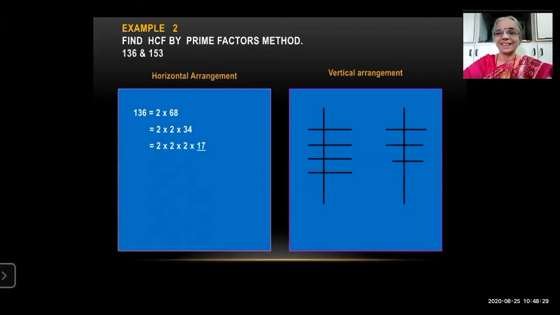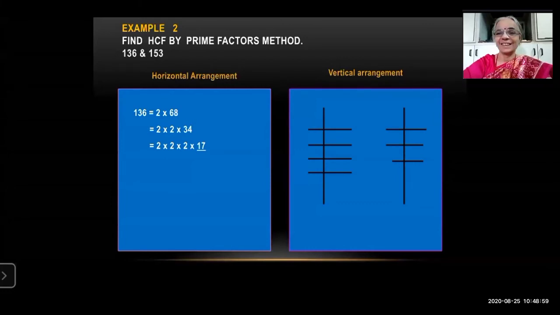Okay, now think on 153. At the unit place 3 is there. So it cannot be divided by 2 or 5. For 3, what do we do, children? We add the digits, correct? So let us add 1 plus 5 plus 3 equals 9.